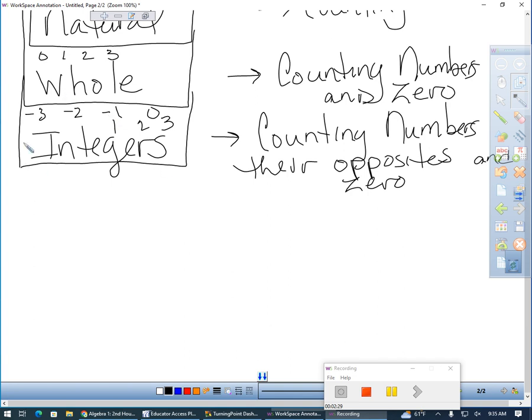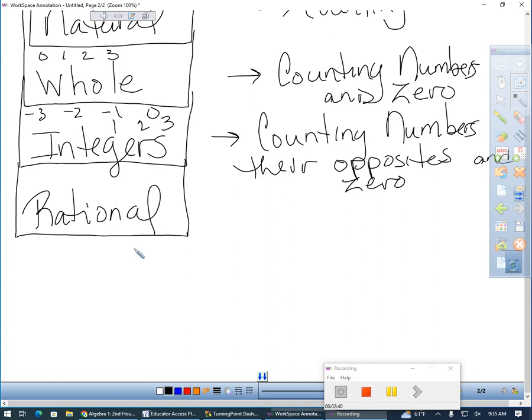Our next category, which includes all of these, are called rational. Rational numbers are any number that can be written as a fraction.